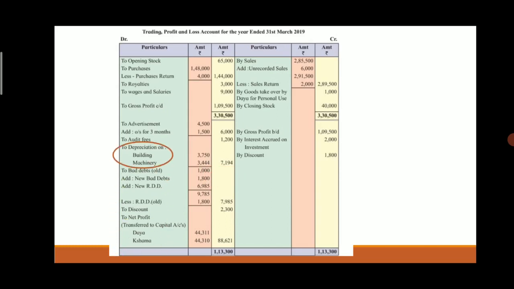So, to depreciation on building and machinery, 3,750 and 3,444, the total amount is 7,194. This is the first effect of depreciation, on the debit side of the profit and loss account.